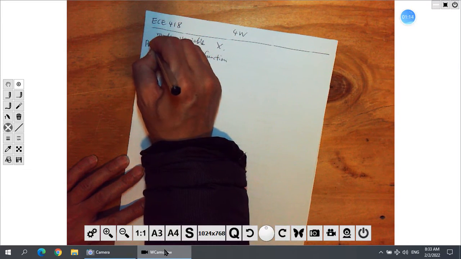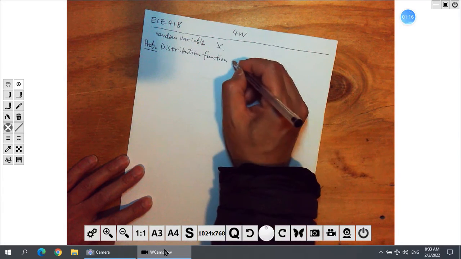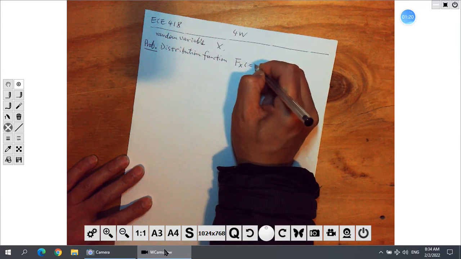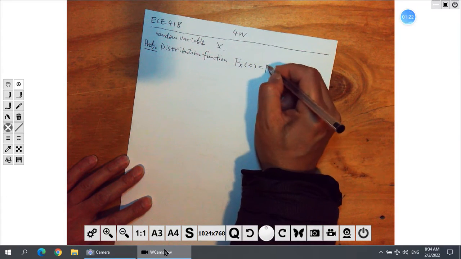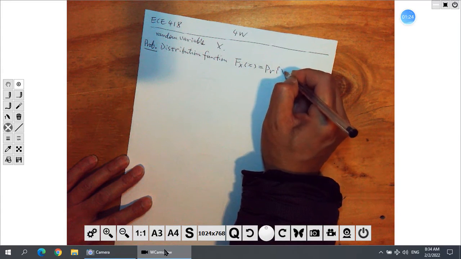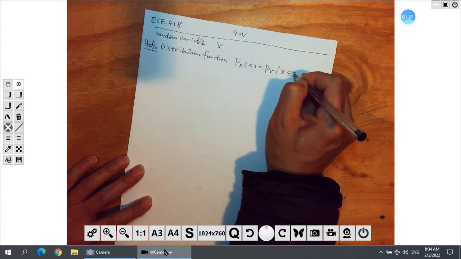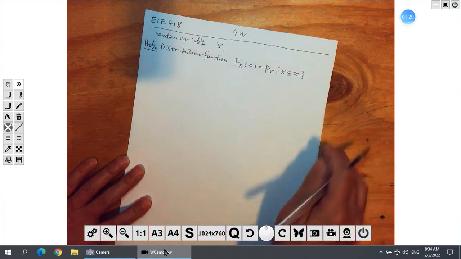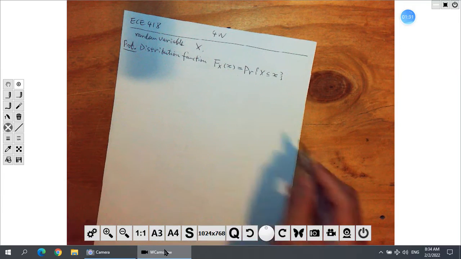F_X of x equals the probability of the event X smaller than or equal to lowercase x. So this is a function of this lowercase x.